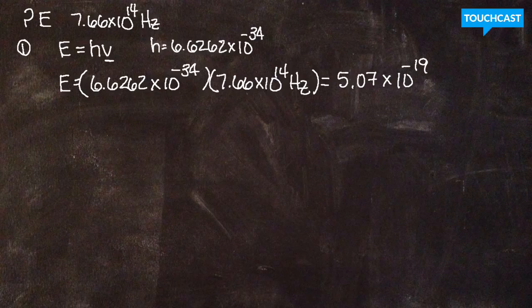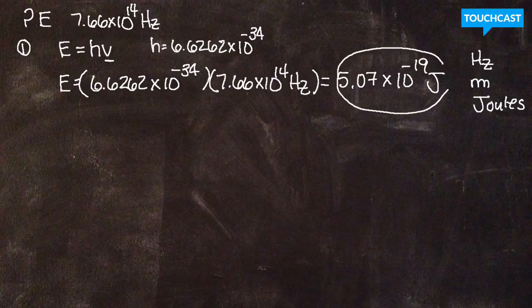And here you need to decide what your unit. So hertz is for frequency, meter is for wavelength, and we're going to have joules for energy. So we put joules, circle our answers, and we're done with number 1.